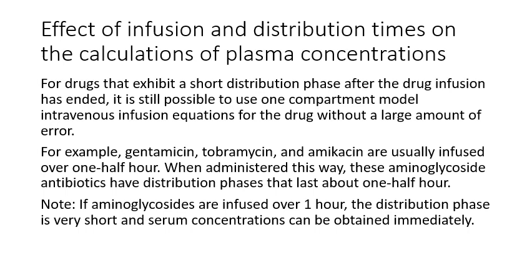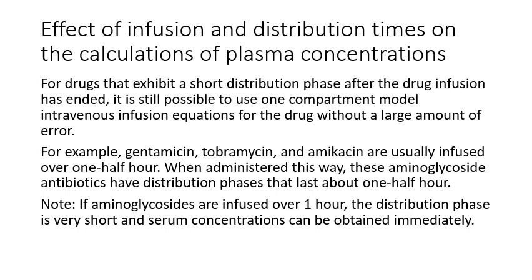For example, gentamicin, tobramycin, and amikacin are usually infused over one half hour, which means half an hour. When administered this way, these aminoglycoside antibiotics have a distribution phase that lasts about half an hour.